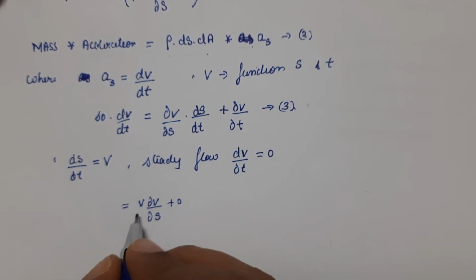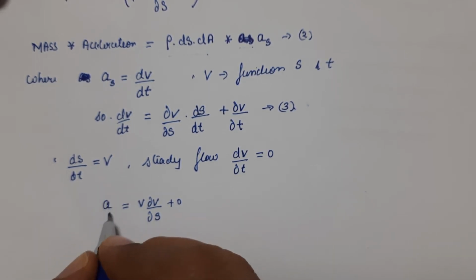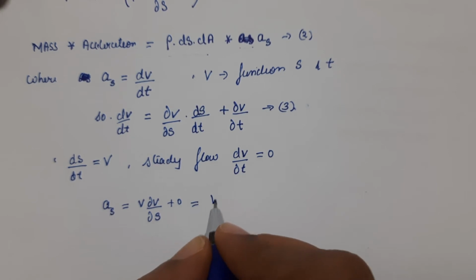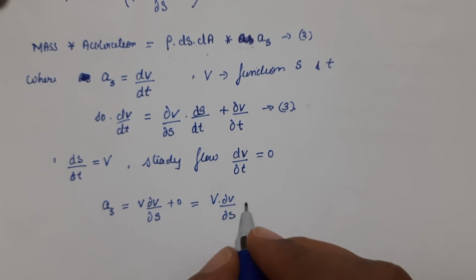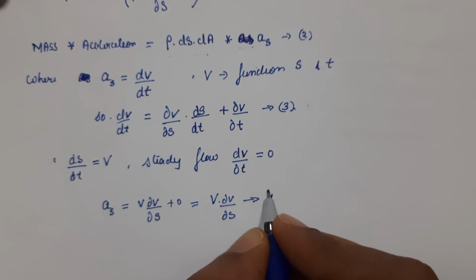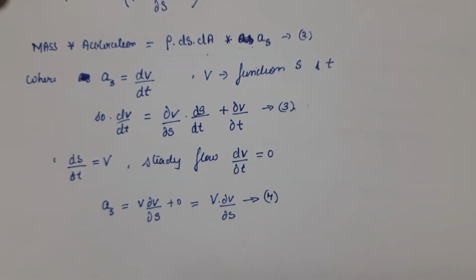So a_s is nothing but v dou v by dou s. This equation you can consider to be equation 4.